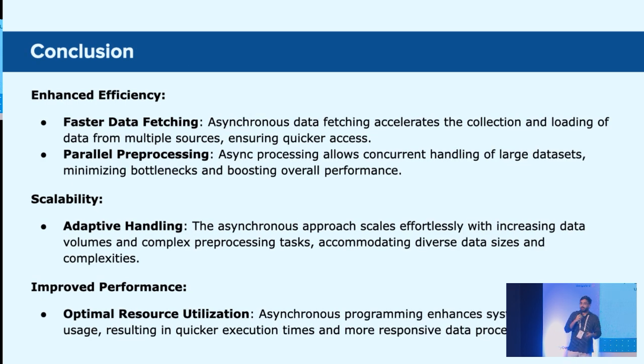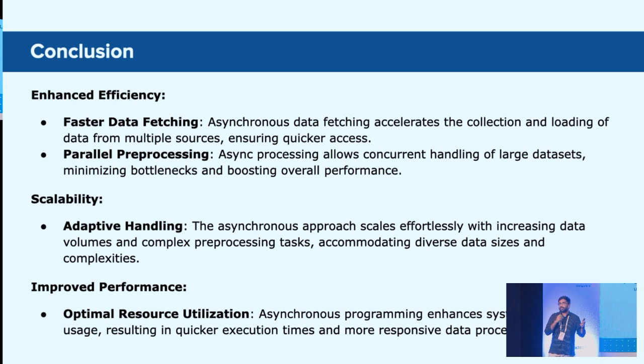So to conclude, we have faster data fetching in asynchronous ML pipelines. Parallel pre-processing happens, so it allows concurrently handling large data sets. We can minimize bottlenecks because of this, and we can boost the overall performance of our model. Scalability and adaptive handling: you can scale the asynchronous machine learning pipeline effortlessly.